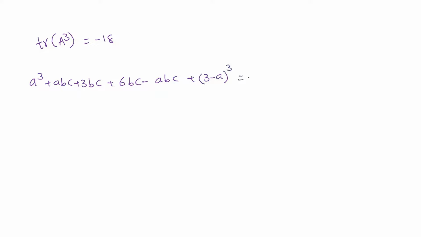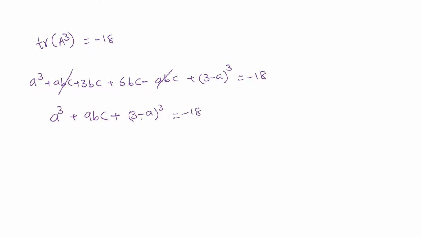So this value is given as minus 18. Now here, one thing we can see: this ABC and this ABC get cancelled, and we got A cube plus 9BC plus 3 minus A whole cube, which will be equal to minus 18.